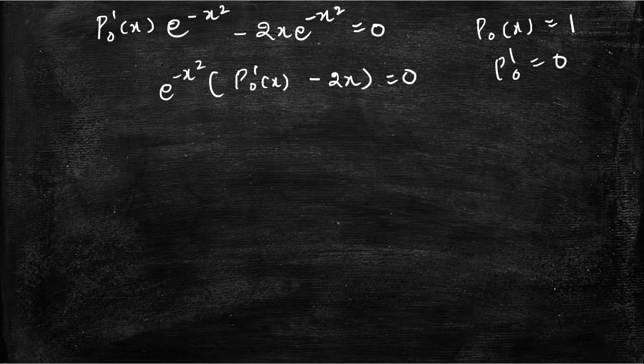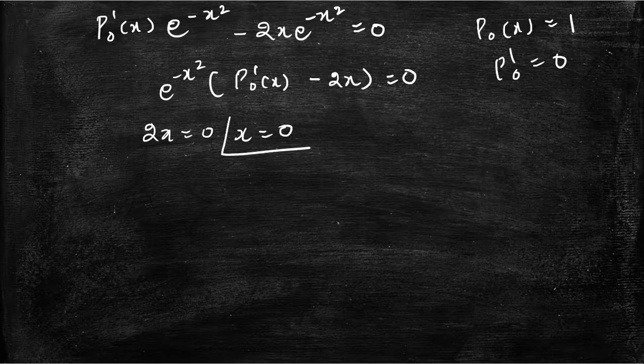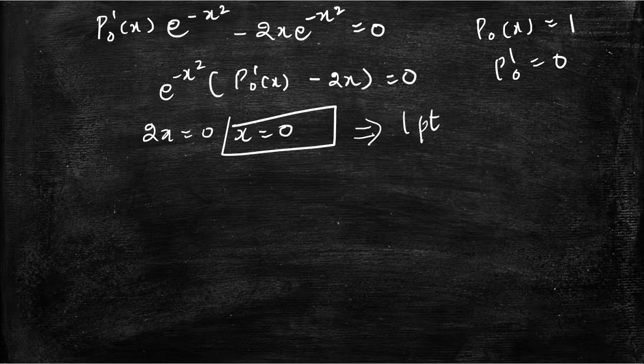Differentiating a constant will give you 0. So now you can say that x will be equal to 0. So for P0 of x, you get 1 point. That is, x will have only 1 point. At x equal to 0, your function will be maximum, that is extremum.